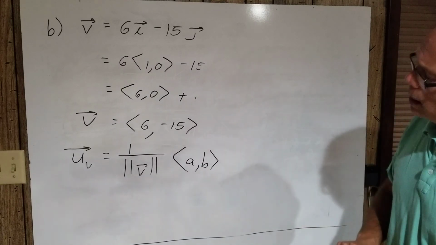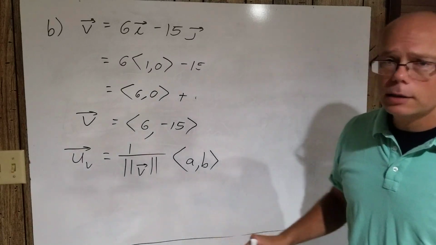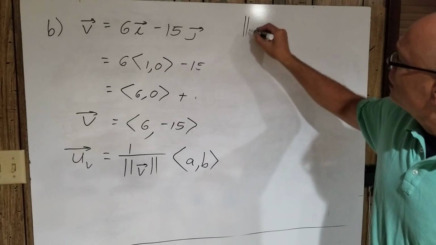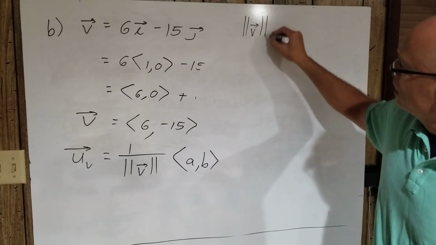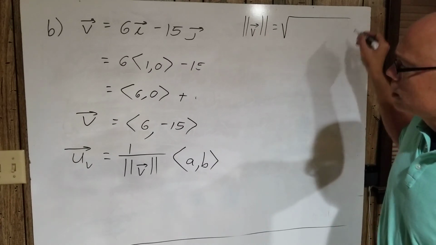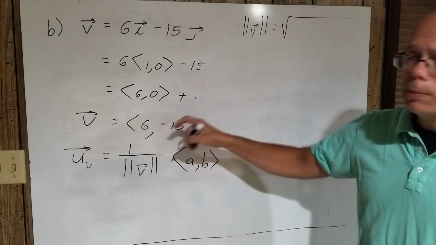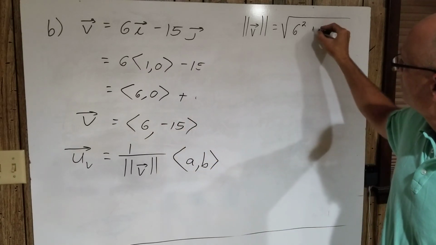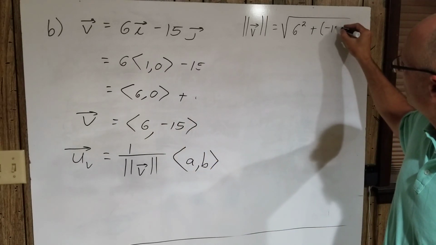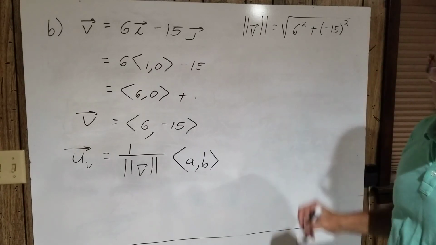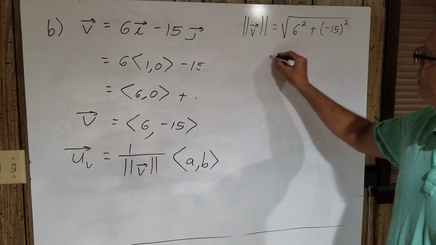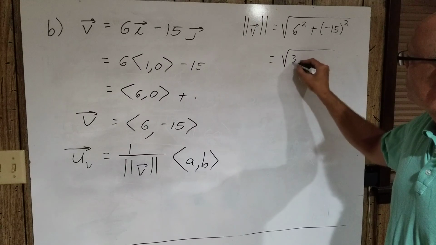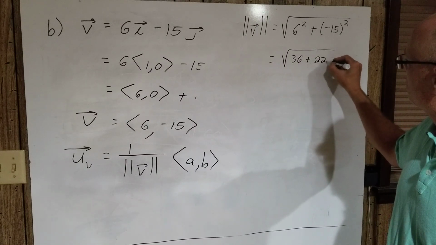All right, so let's calculate the magnitude of vector v. We said that that's given by the square root of the first component squared plus the second component squared, right? So what is that? Square root of 36 plus 225.